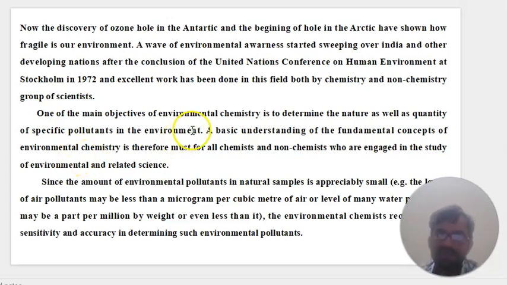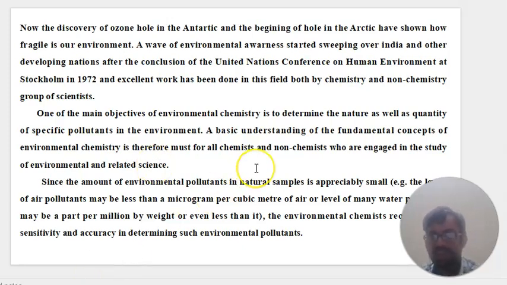One of the main objectives of environmental chemistry is to determine the nature as well as the quality of specific pollutants in the environment. A basic understanding of the concepts of environmental chemistry is therefore a must for all chemists and non-chemists who are engaged in the study of environmental and related sciences.